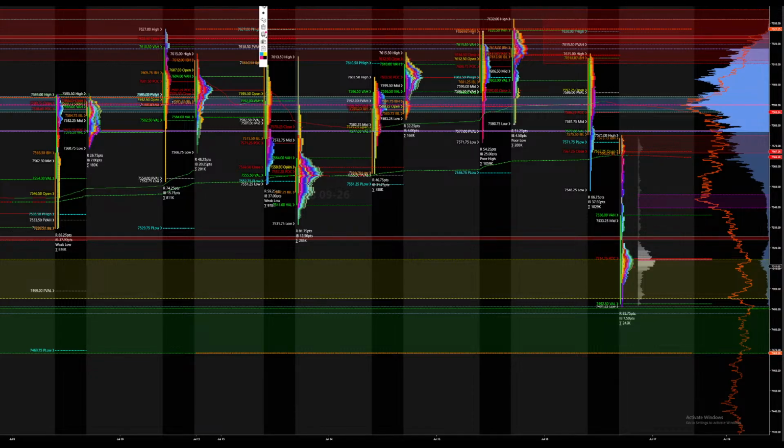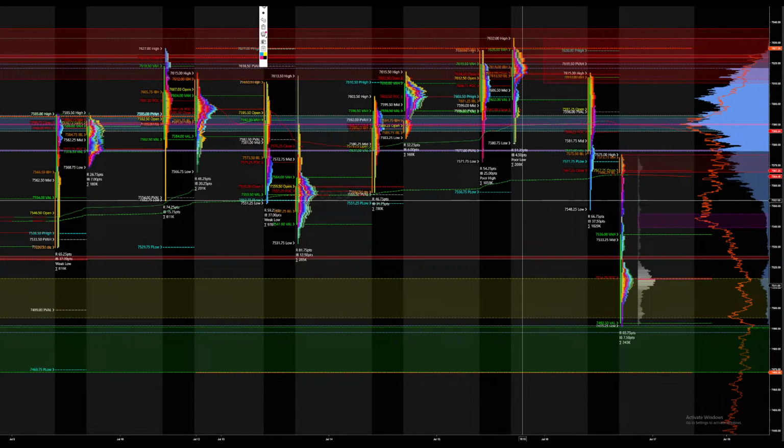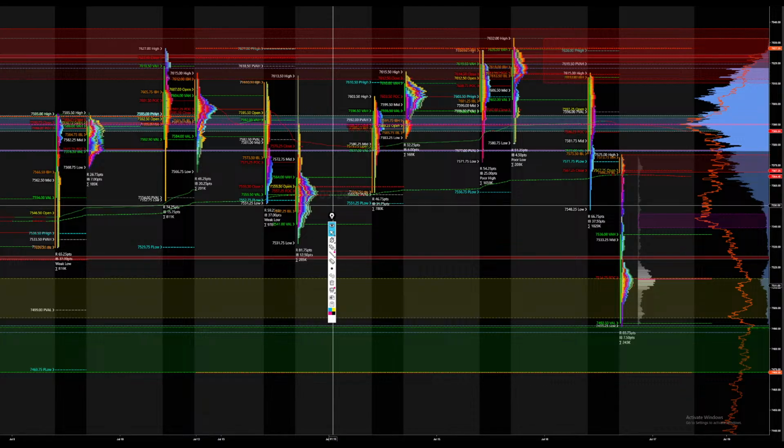Right off the bat, like I said, large gaps are never fun. There's a lot of digestion. A lot of times the best trade is very early.